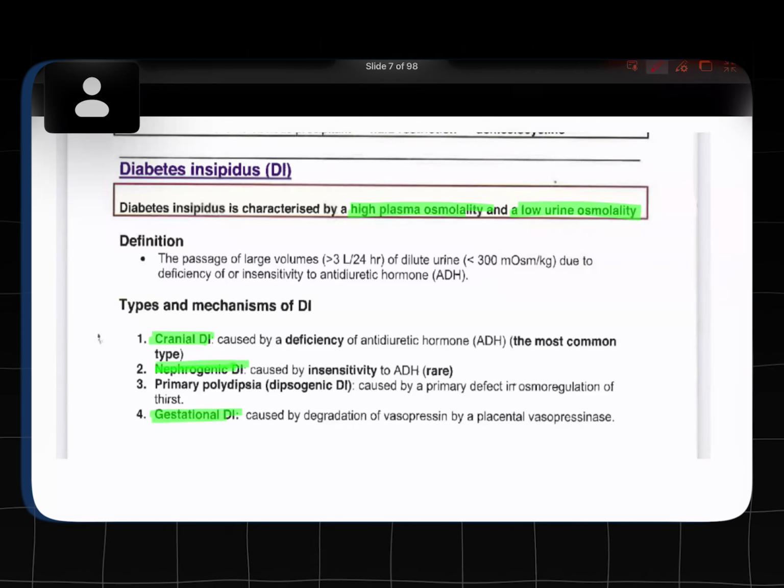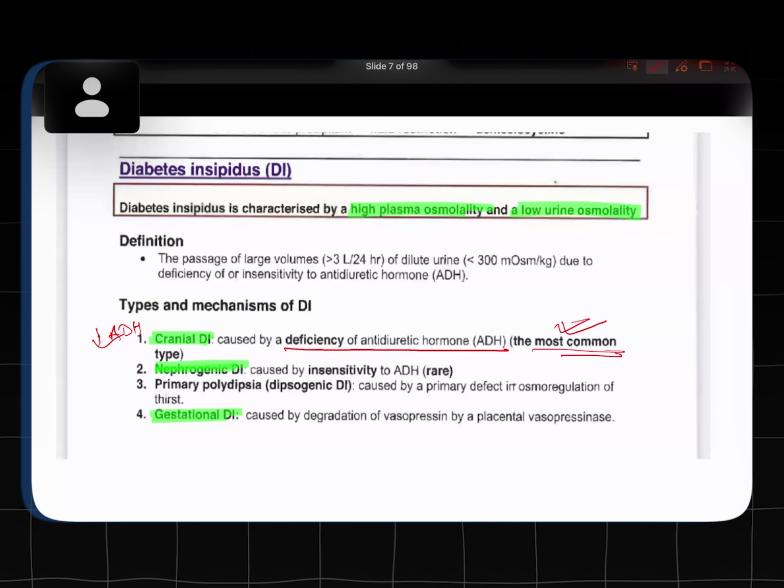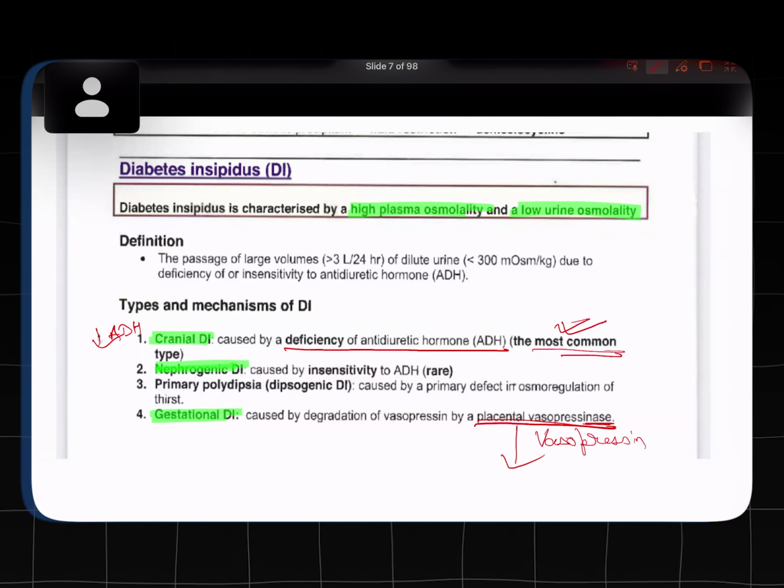Cranial diabetes insipidus means there is deficiency of ADH. There is low ADH. And it is also the most common type. Again, a part 1 question: which is the more common type of diabetes insipidus? It is the cranial type. Nephrogenic type is more rare, and gestational, obviously, is because of the placental vasopressinase, which will decrease the vasopressin. It destroys the vasopressin. It is the vasopressinase which causes gestational DI.